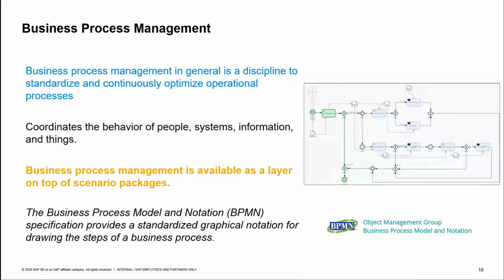The Object Management Group has a special specification for business process modeling, and this well-known standard has been moved to the B1i as well in a graphical way, in order to have a similar decision-making process for Business One.